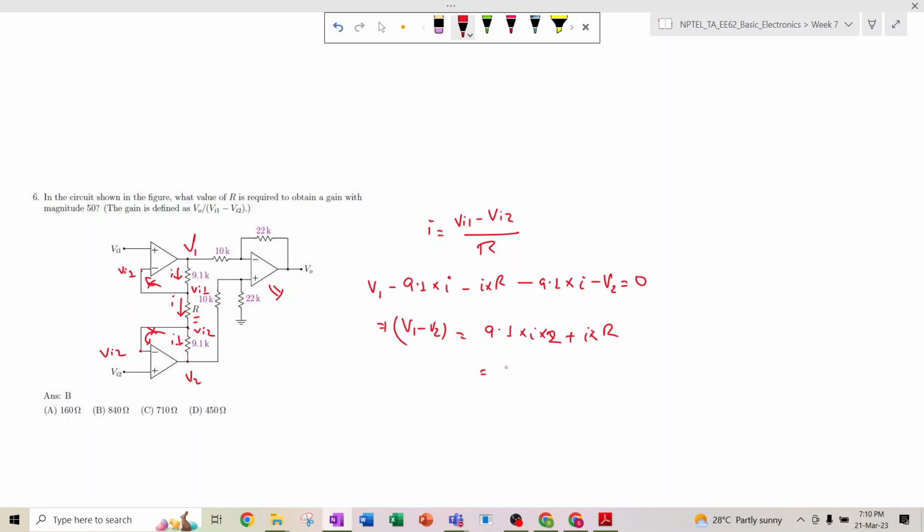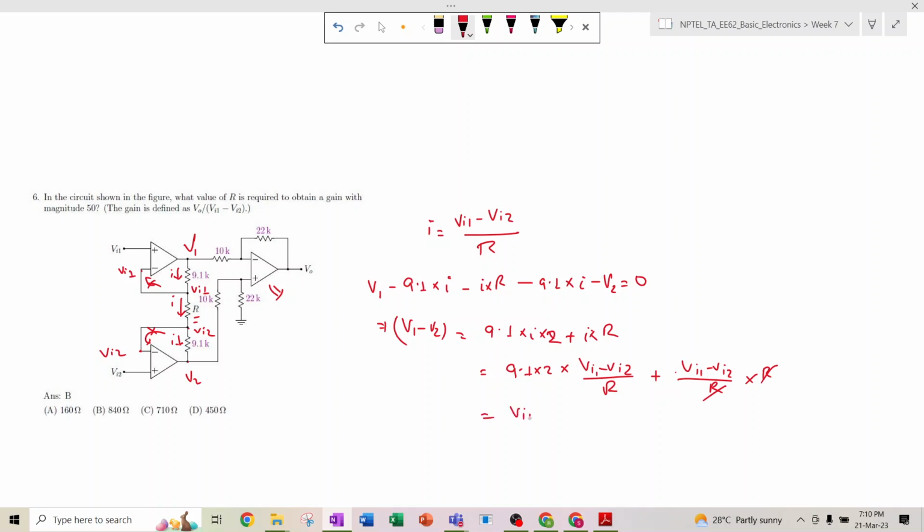So it is 9.1 into I into 2. What is the value of I? This is Vi1 minus Vi2 divided by R, plus this is also Vi1 minus Vi2 divided by R into R. This R cancels out.